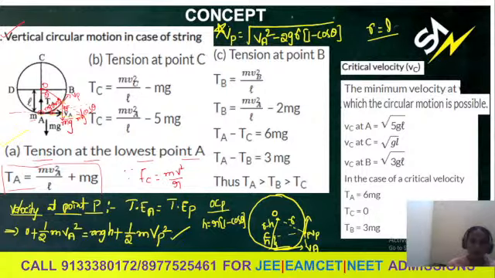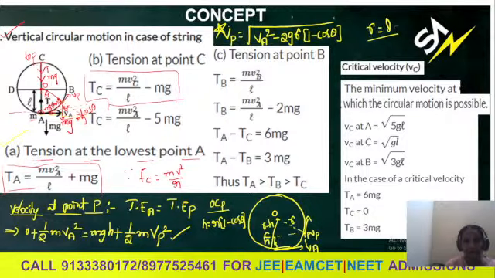Okay. Now we take the bob reaching point C, which is at the top. We can see here the weight of the bob and tension both will act towards the center. So T plus mg will be equal to mv square by r. So we can write tension at the topmost point, that is at C, as mv square by r minus mg.